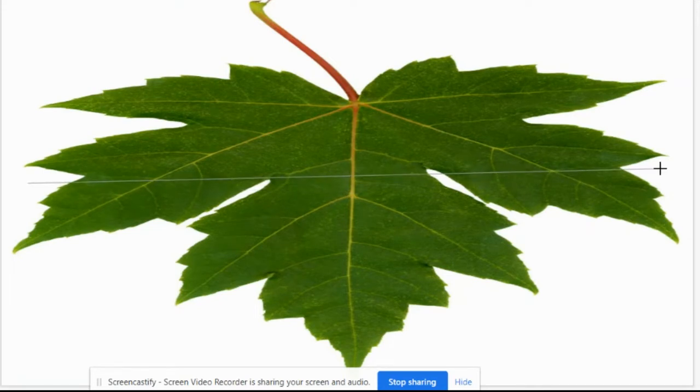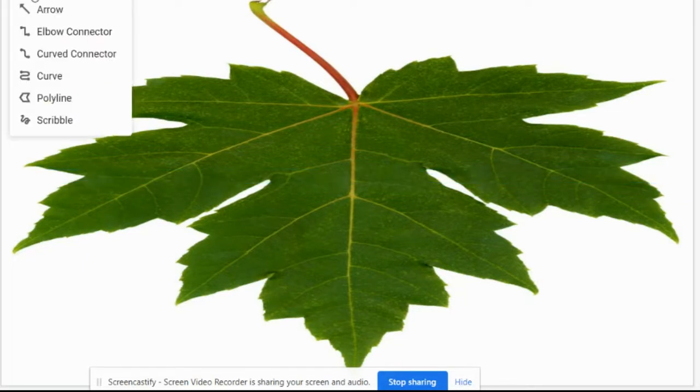You'll notice that those 2 halves, the top half and the bottom half, if we folded them together, would not match up. They would not be an exact match. So therefore, the leaf does not have a horizontal line of symmetry.